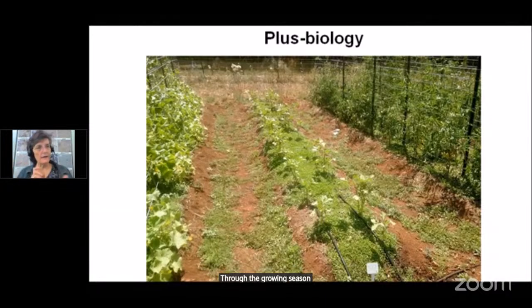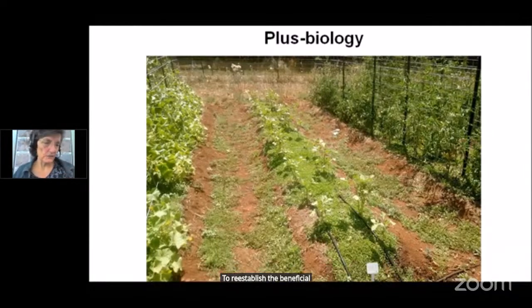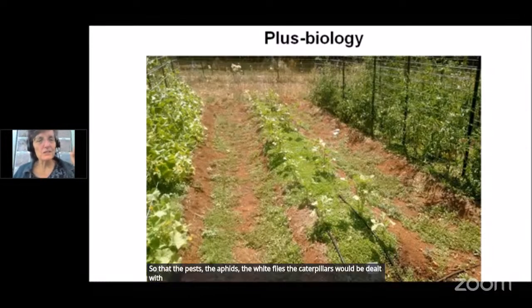On either side, if we saw pests or diseases, we would apply chemicals. On the no biology side, we would put biology. We would use a compost tea to reestablish the beneficial organisms on the surfaces of these plants so that the pests, the aphids, the white flies, the caterpillars would be dealt with by the biology in our compost that we extracted and put into a liquid form.